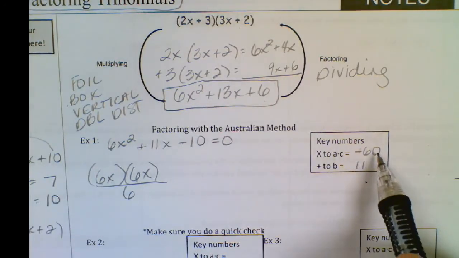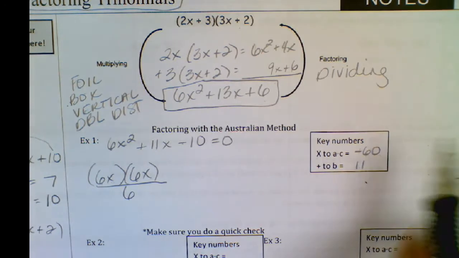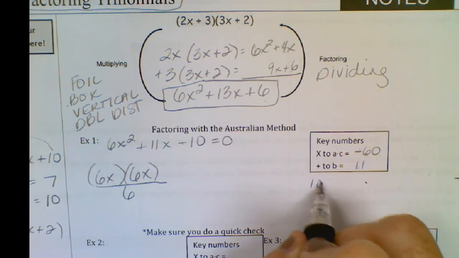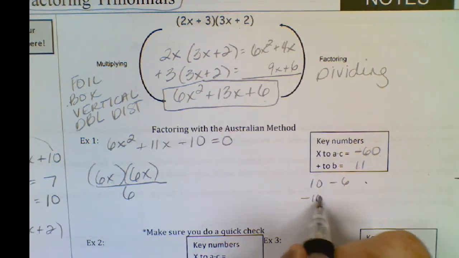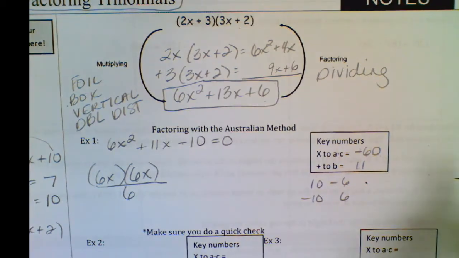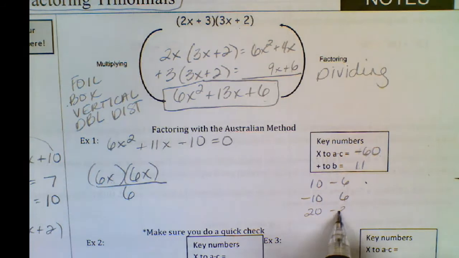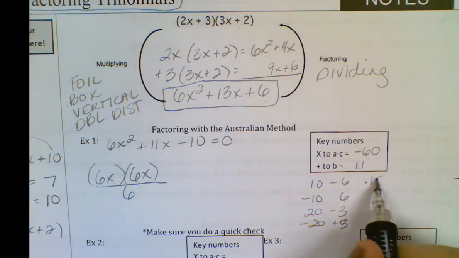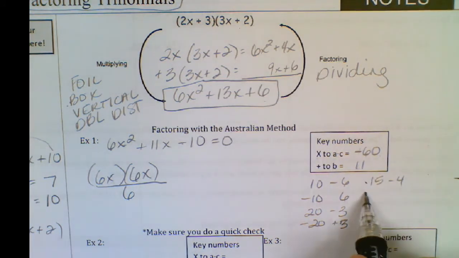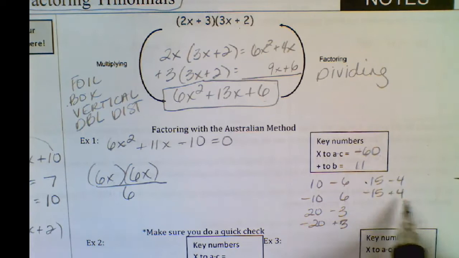Let's think of all the numbers that would multiply to negative 60. You could have 10 and negative 6, negative 10 and positive 6. You could have 20 and negative 3, negative 20 and positive 3. You could have 15 and negative 4, negative 15 and positive 4.